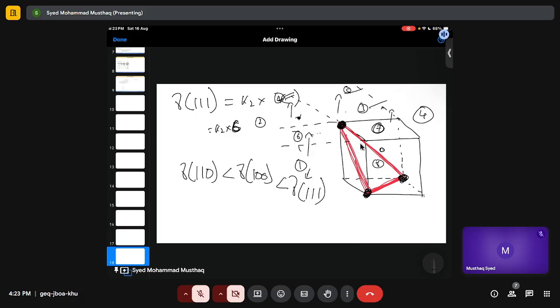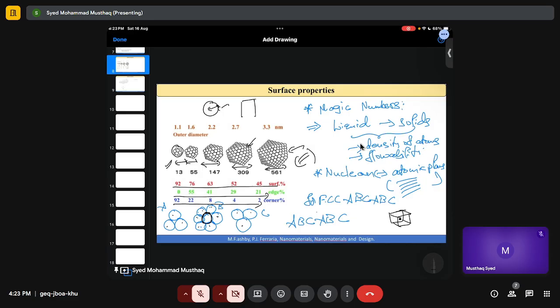Now, let's just discuss the surface properties. So again, when we are talking about the octahedron, right? So how does this surface energy depend? Now it depends upon the cluster, right? The key nanoscale properties will change with respect to the size of the cluster, right?